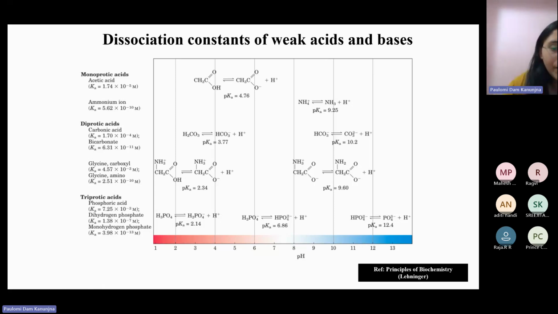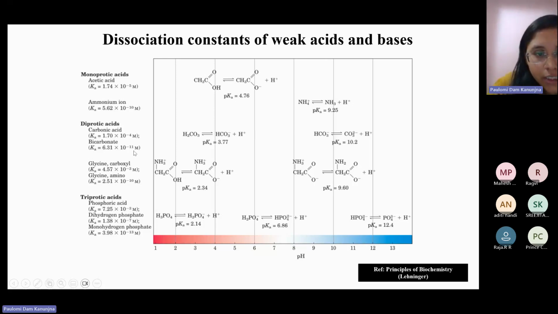So you will see, let's say phosphoric acid, the dissociation constant is too high. So what should be the pKa value, high or low? You can take a guess. It will be low because the Ka value is too high. And where do you see phosphoric acid? You see it here at a very low pKa value, which is also at low pH.